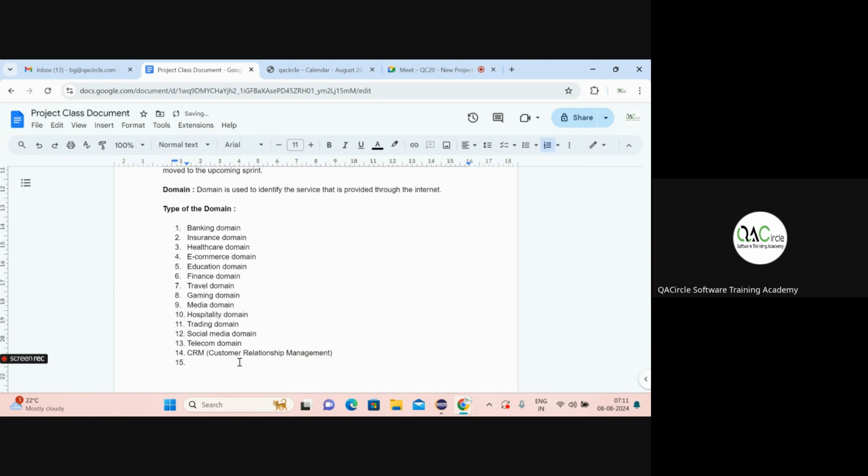What else? You can consider OTT as well. Next, cloud services, cloud management services. Manufacturing domain. Manufacturing, yes.